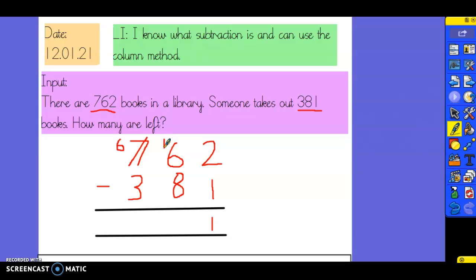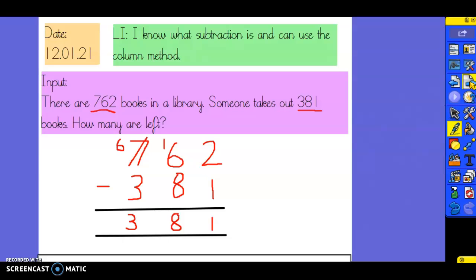We bring 100 over into the tens column, so that becomes now 16 as our number. So 16 take away 8 gives us the answer of 8. And then finally 6 subtract 3 gives us the answer of 3. Well done. So your answer should be 381.